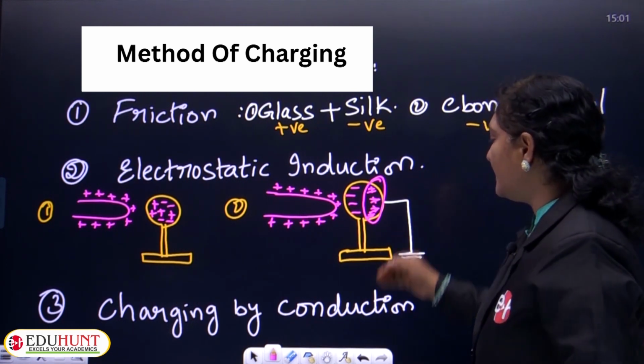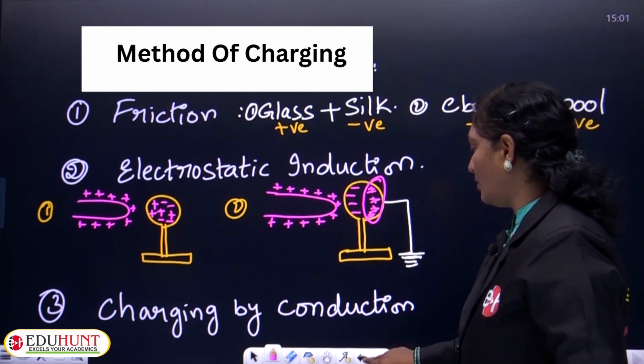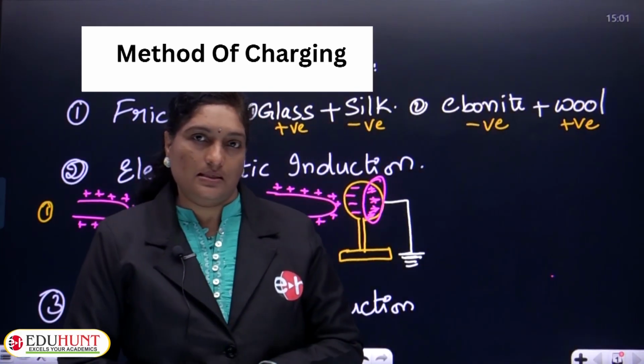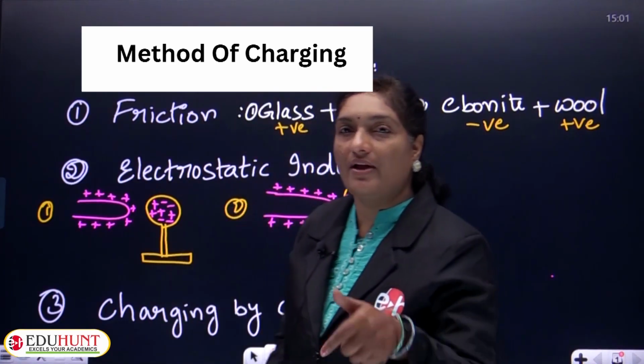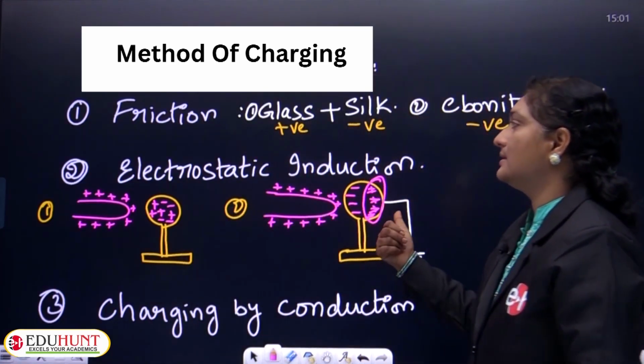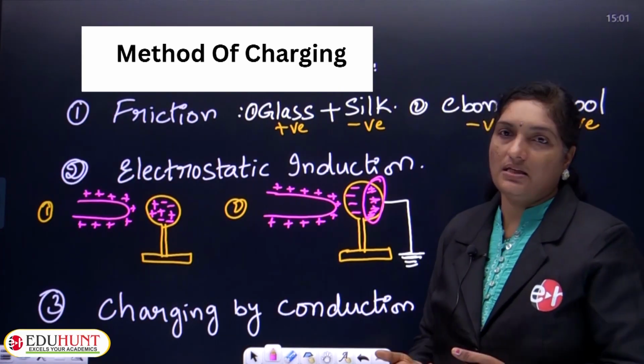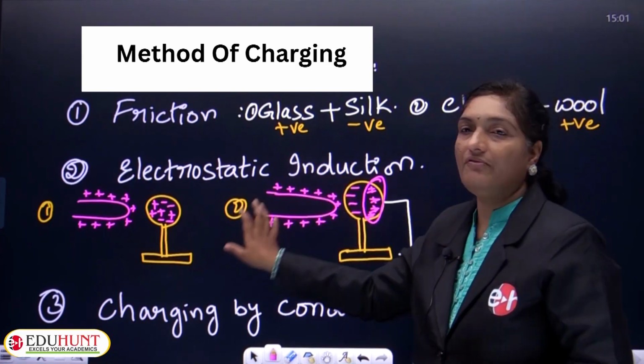So, very clearly we can see that in this body there is an excess number of electrons. Whenever an excess number of electrons is seen, we can say that this conductor is charged negatively by the method of induction.